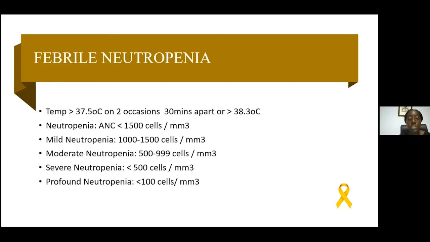So if a child presents to you with fever as stated, and you do a full blood count and the neutrophil count is markedly reduced such that the child is neutropenic, we also want to suspect febrile neutropenia. In this case, it's not like any child who comes with fever and neutropenia is automatically febrile neutropenia. It's a diagnosis of exclusion. So you have to rule out other causes.